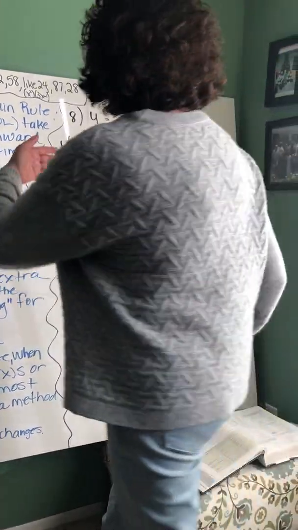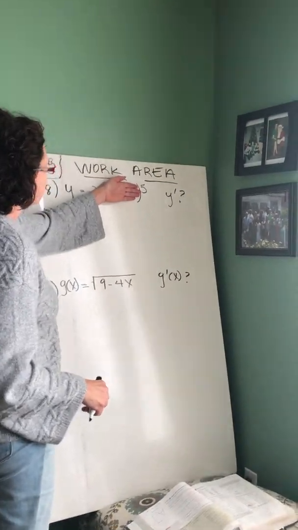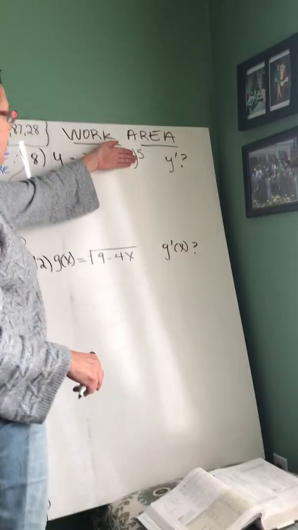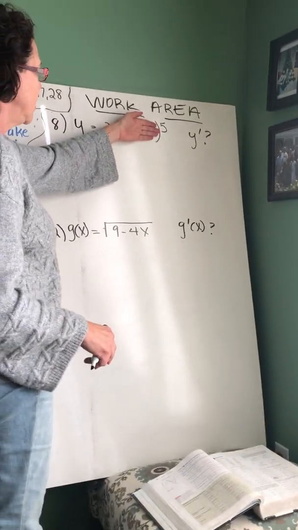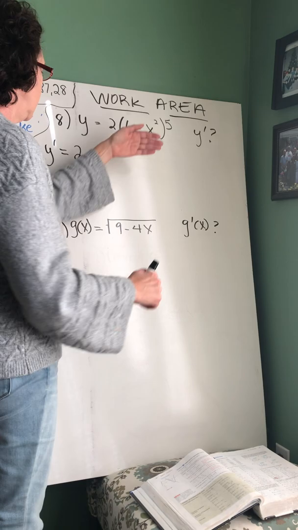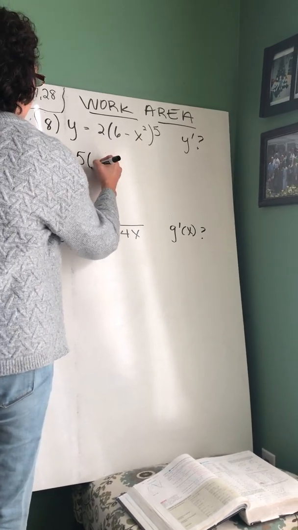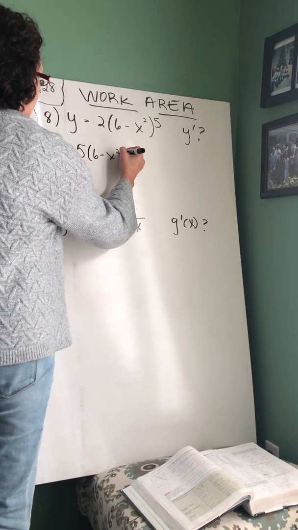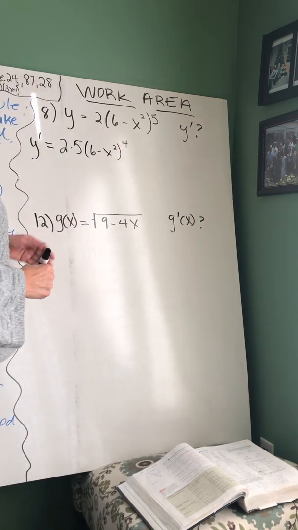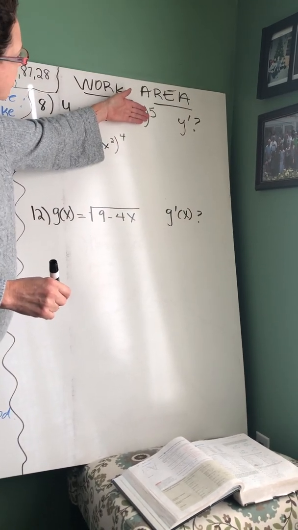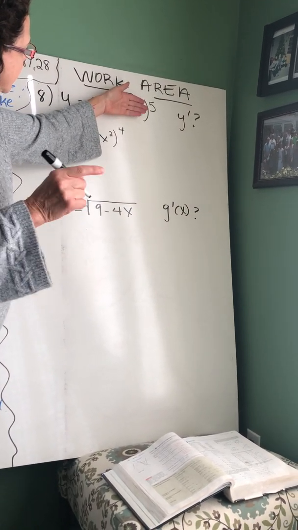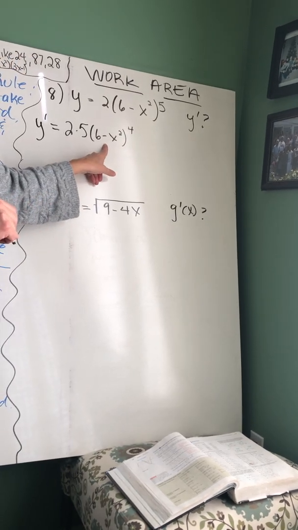I'm going to take the derivative of anything to the fifth. That is 5 times anything to the fourth power. Notice I took the derivative of anything to the fifth. I did not take the derivative yet of the inside function.